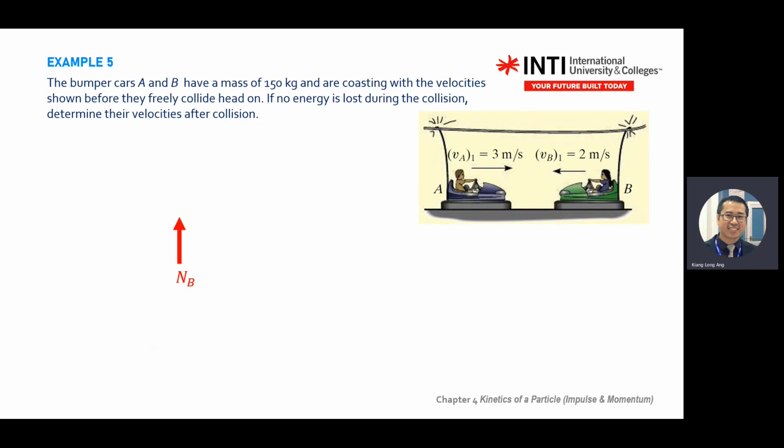What is my suggestion for the positive direction? By following what? Bigger velocity, because in this case bumper cars A and B have the same mass. If you have the same mass but higher velocity, of course you follow the higher velocity.